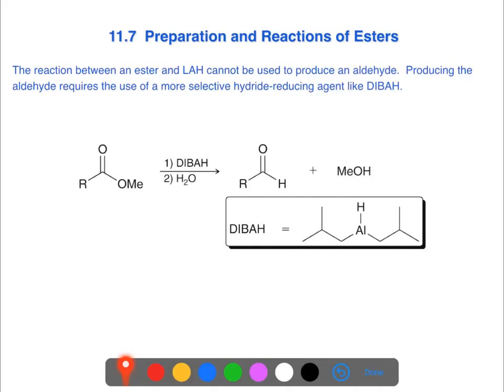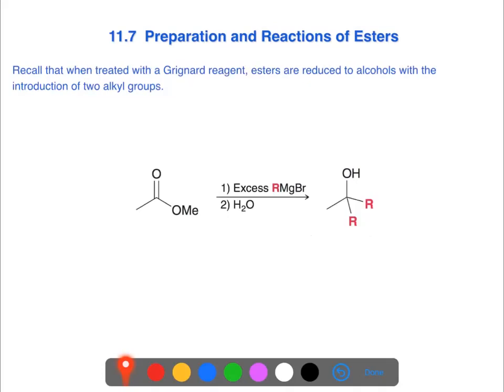So although they carry out the same process, we normally use DIBAH for esters, and we use the lithium tri-tert-butoxy aluminum hydride for acid chlorides. And lastly, we can treat esters with Grignard reagents and organolithiums to reduce these functional groups to the corresponding tertiary alcohol in much the same way we saw previously for acid anhydrides and acid chlorides.